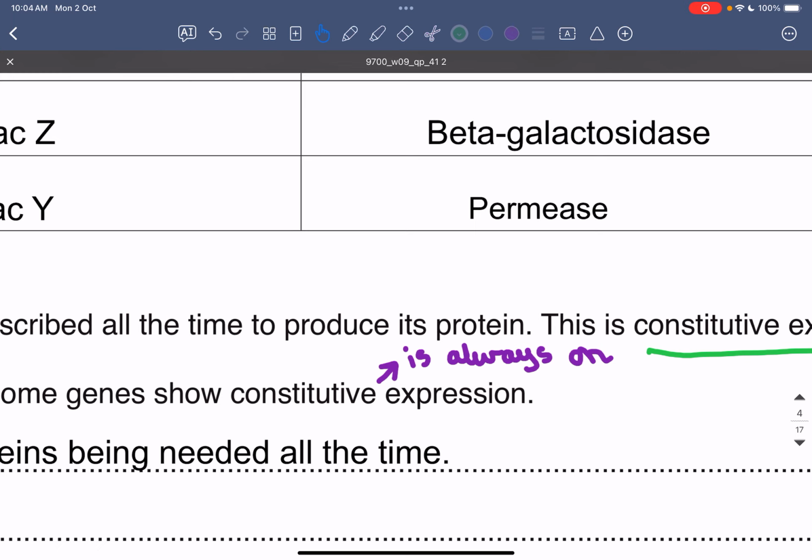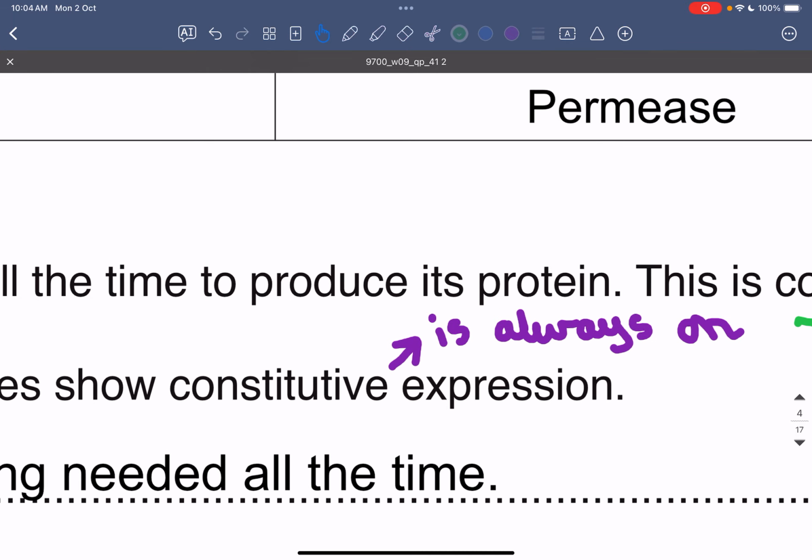So this variation or difference in gene expression occurs because there's a control switch that is already inbuilt within the cells, and in certain situations a gene has to be expressed all the time. This process is known as constitutive expression.